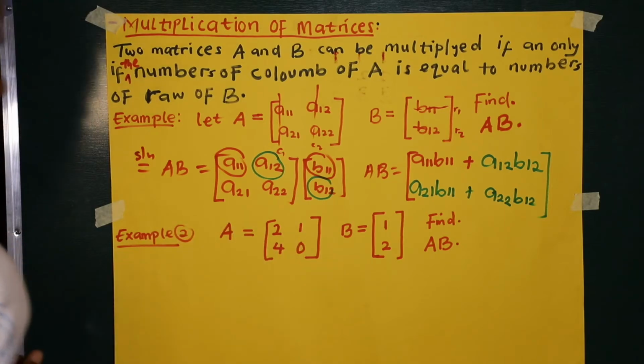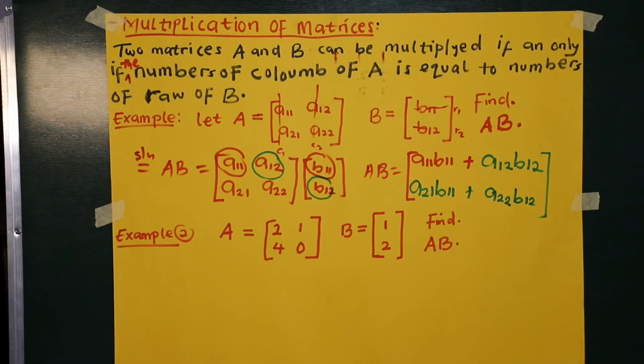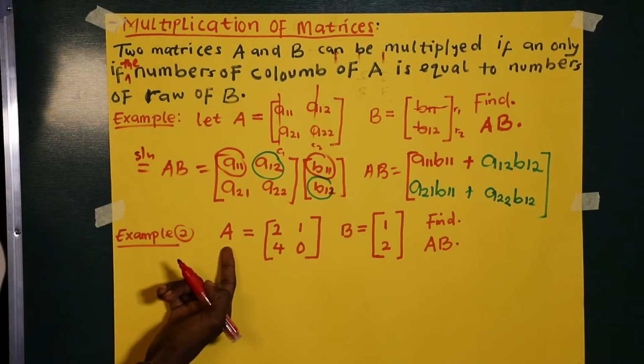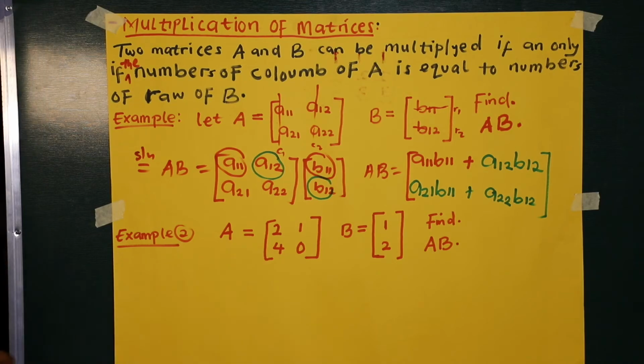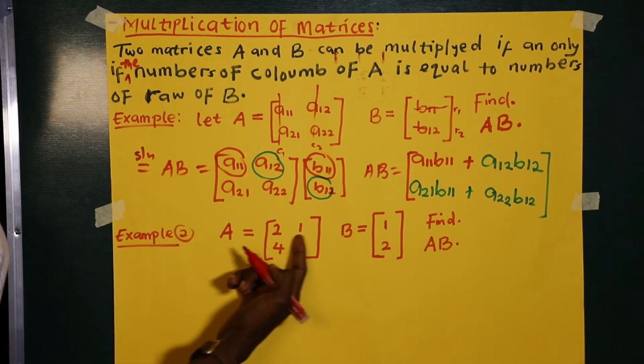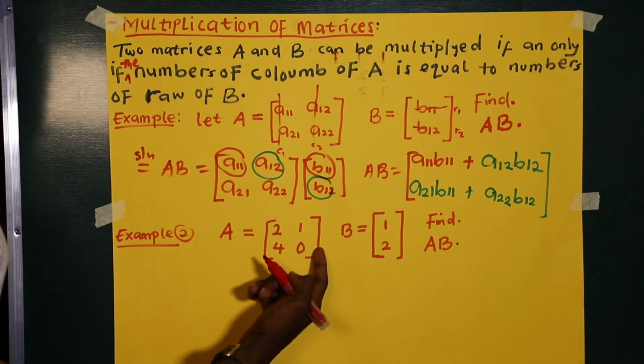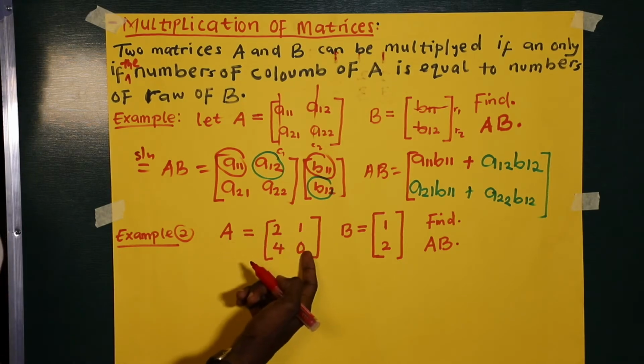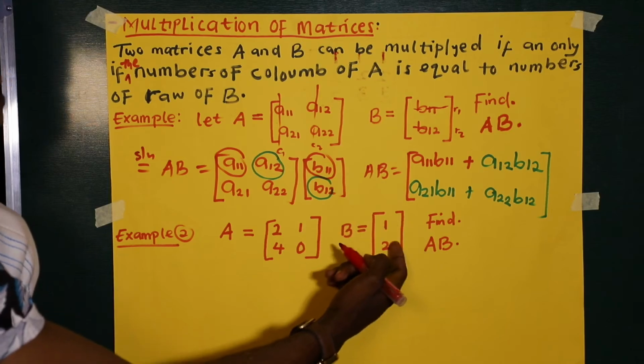Now, let's see an example in numerical numbers. Let A be this matrix and B be this matrix. This matrix has two rows and two columns, and this has two rows again.